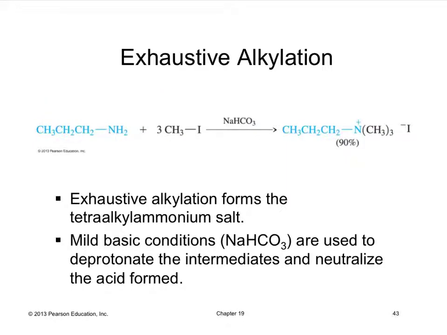You can do exhaustive alkylation by adding methyl iodide, and then this will react, right, with this carbon until you exhaustively methylate under sodium bicarbonate conditions to neutralize that acid that is being formed.